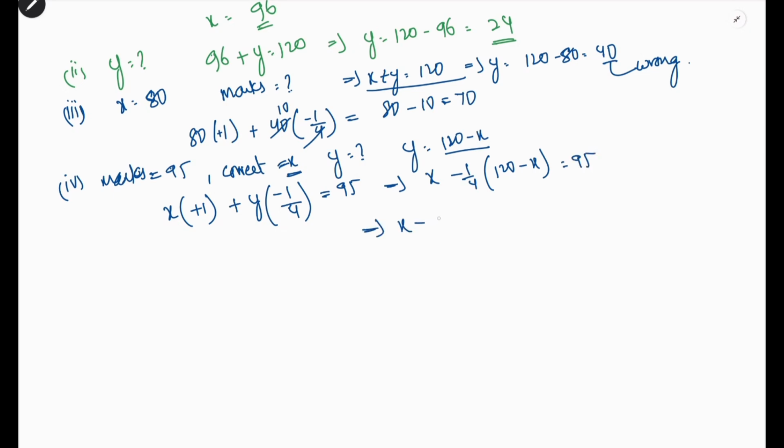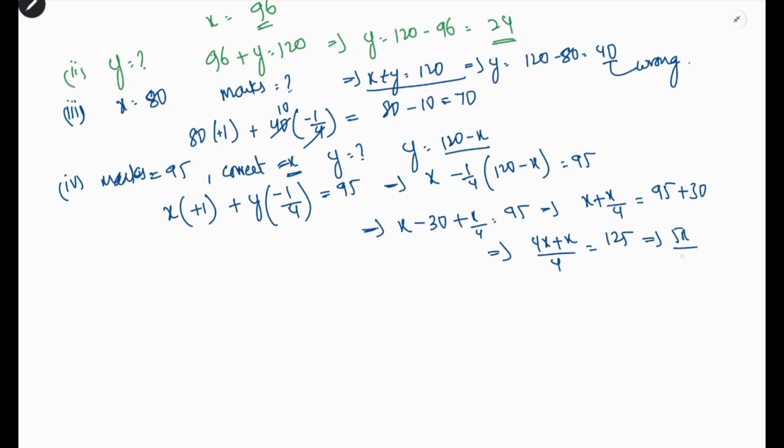We get x minus 120 by 4, which is 30, plus x by 4 is equal to 95. Here we get x plus x by 4 is equal to 95 plus 30. Taking the LCM, 4x plus x by 4 is equal to 125.